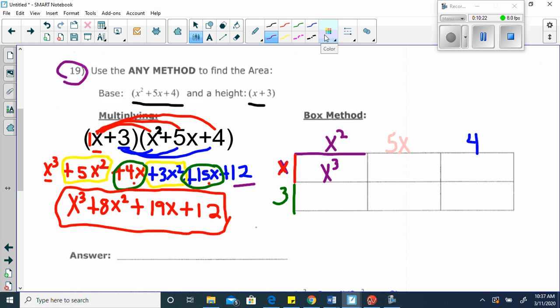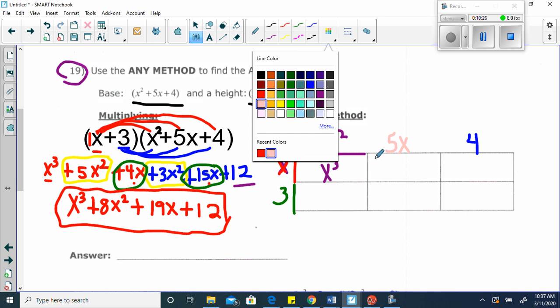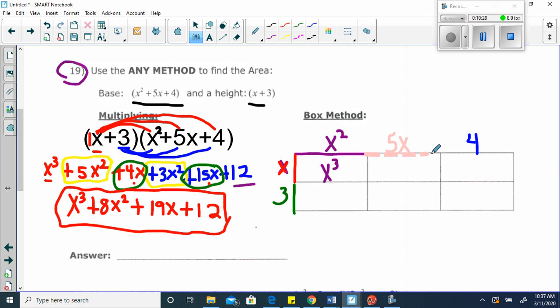Our next one here, we're doing 5x times x, because this side is also x. So 5x times x is, good, 5x squared. That's the area of this box.